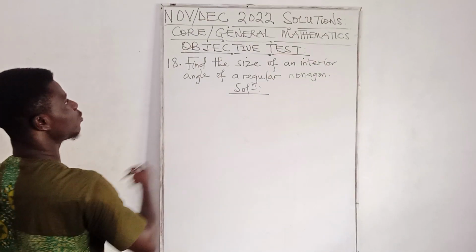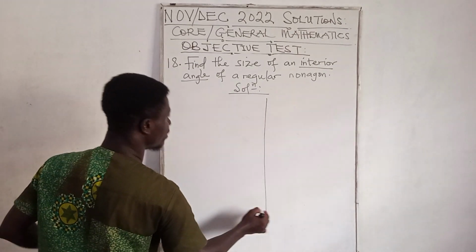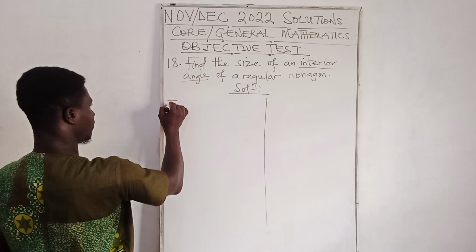So they said we should find the size of an interior angle. So which means they want one interior angle.